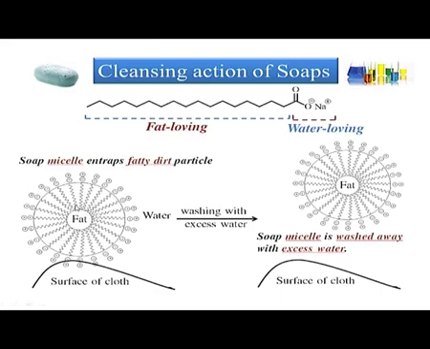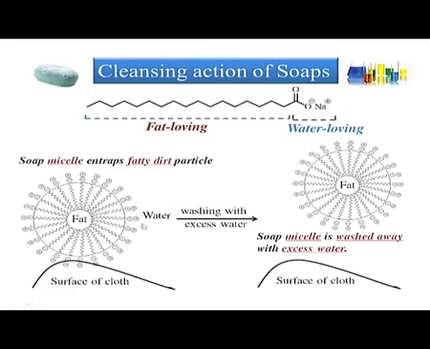Now, when you add water and add soap to it, soap has a fat loving tail and a water loving head. So, once in water, it arranges in globular or round structures in which the core is surrounded by these fat loving tails, whereas the surface is surrounded by these polar chains.